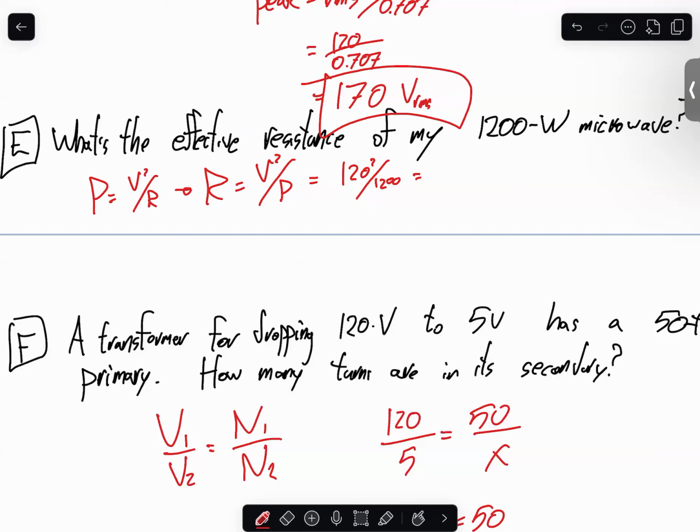As for resistance, there we go. I get 12 ohms.